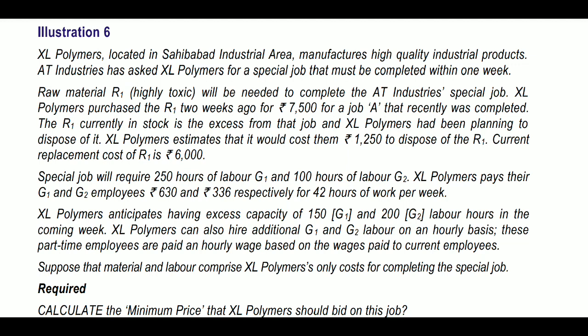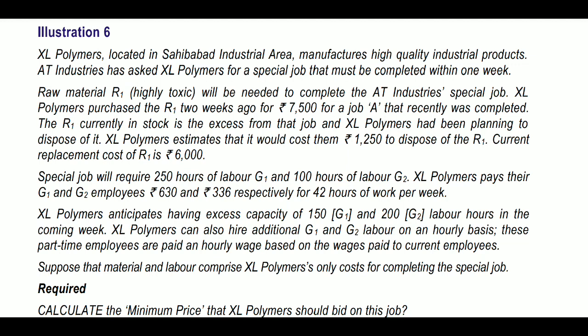The R1 is currently in stock as excess from that job, and Excel Polymers has been planning to dispose of it. So they may use it for this product, there is no problem. Excel Polymers estimates that it would cost 1,250 rupees to dispose of it, and the current replacement cost will be 6,000.